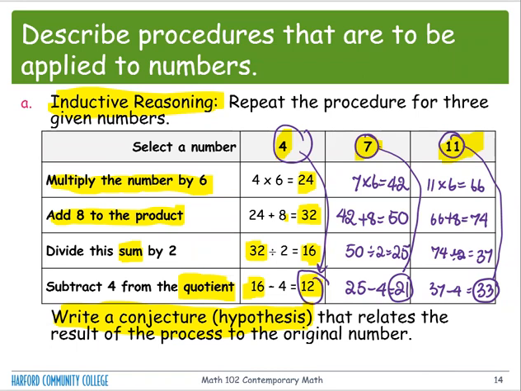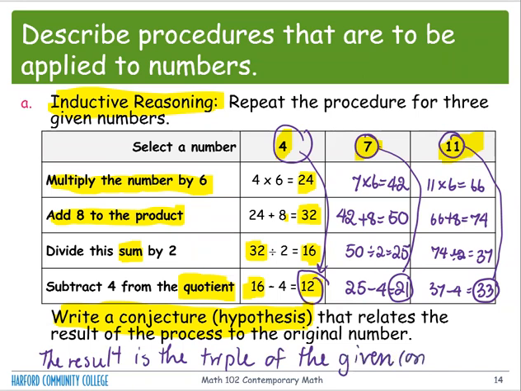So we can say that the result is the triple of the given number or the original number.